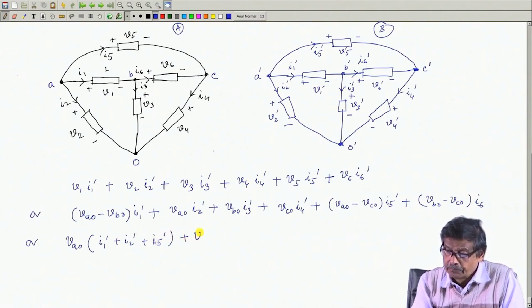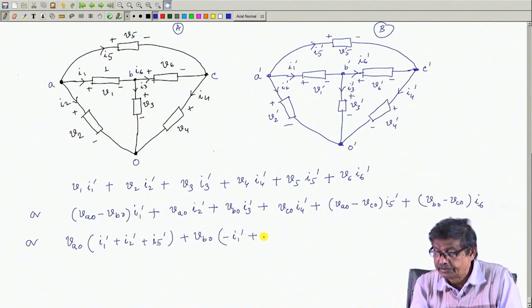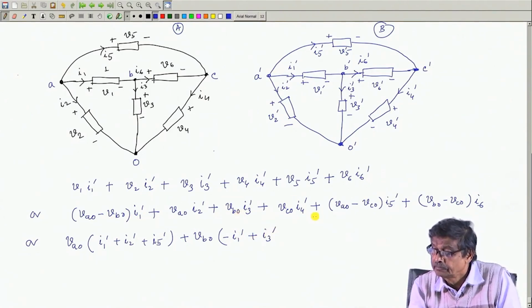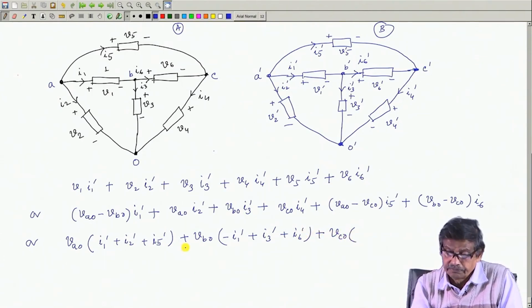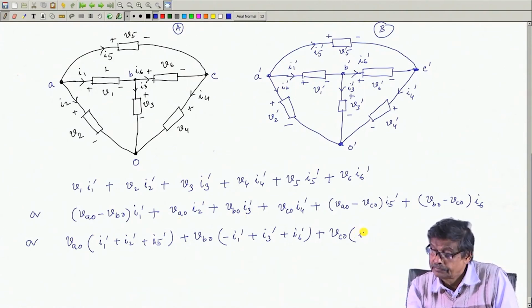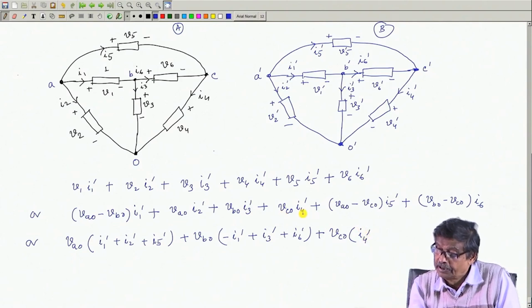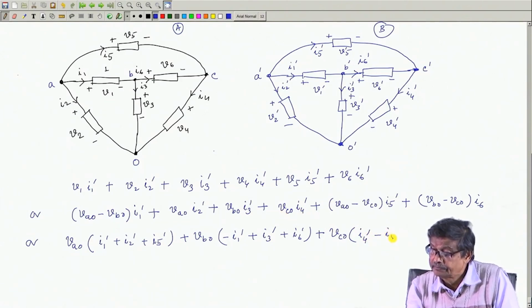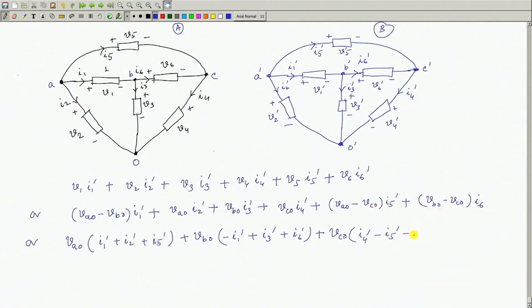Then for V_B0, if you collect, it is minus I1 dashed from this, then plus I3 dashed from this term, and plus I6 dashed, and finally V_C0 into all the terms of V_C0, that is I4 dashed from this place, minus I5 dashed from this, and minus I6 dashed, this one.